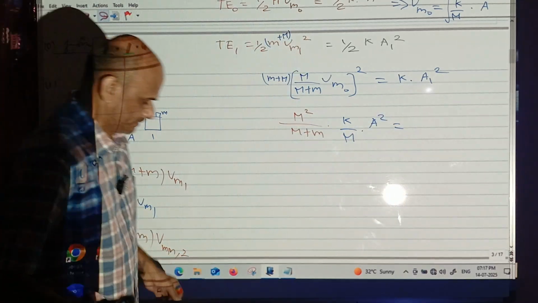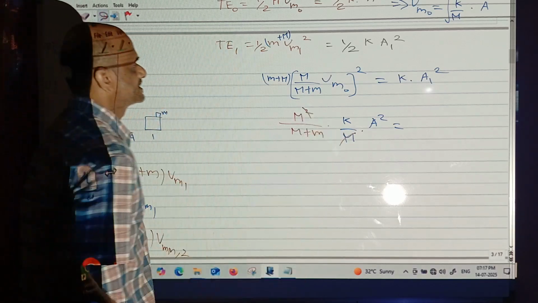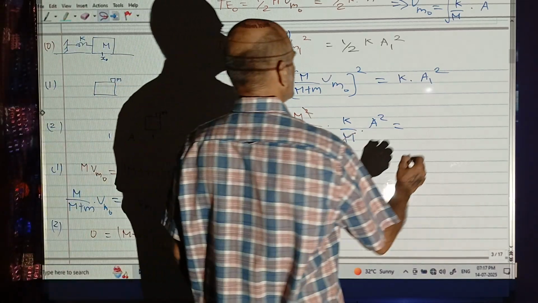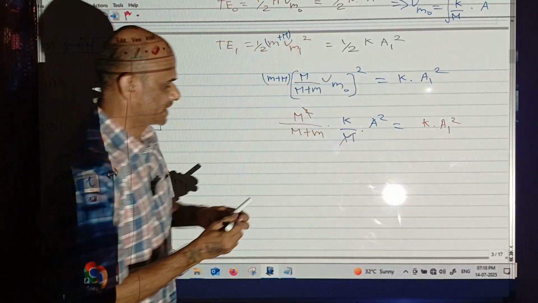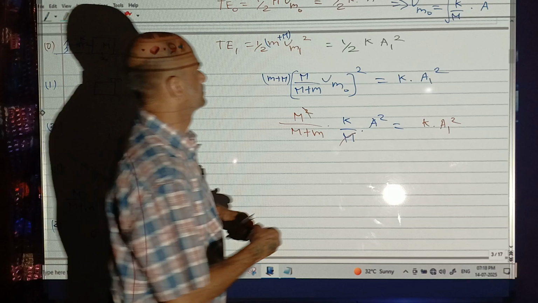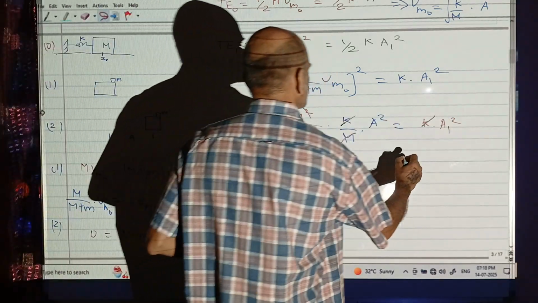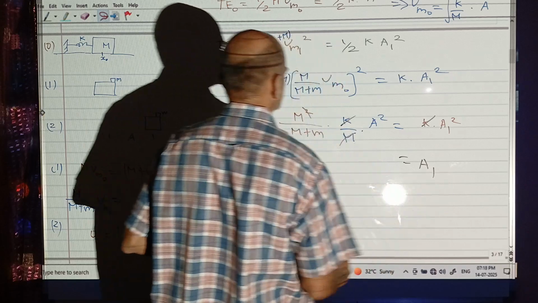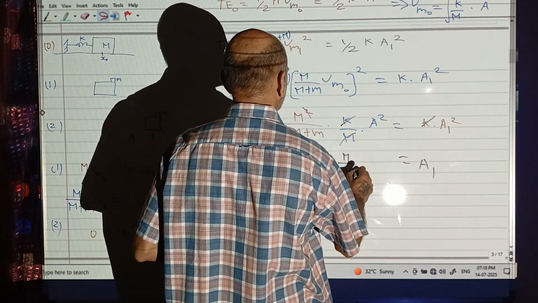So M and the square will get cancelled, so k, A1 square. So k will get cancelled. So A1 is the amplitude in the first case, which is different from the amplitude in the original case by a factor.